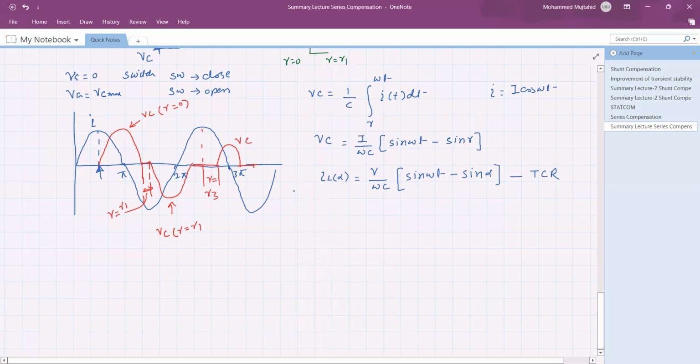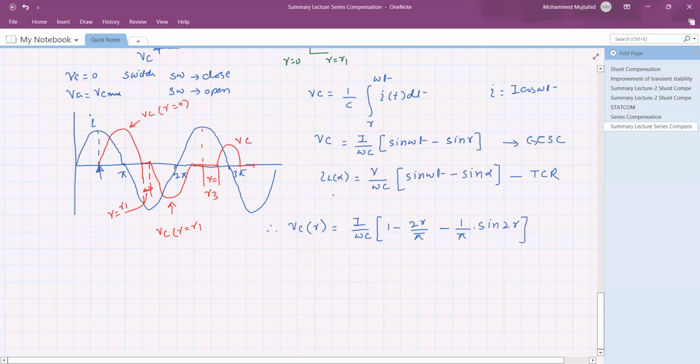And therefore we can write VC. This is for the GCSC, isn't it? It is just for reference. Okay, so we can write VC as a function of gamma, which can be written as I upon omega C into bracket 1 minus twice gamma upon pi minus 1 upon pi into sine twice gamma.